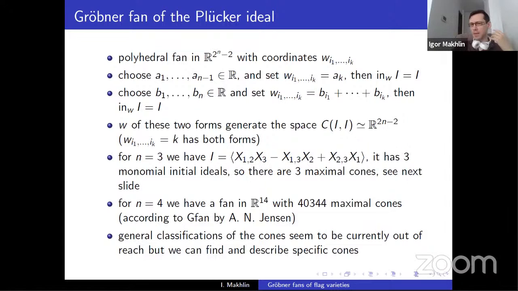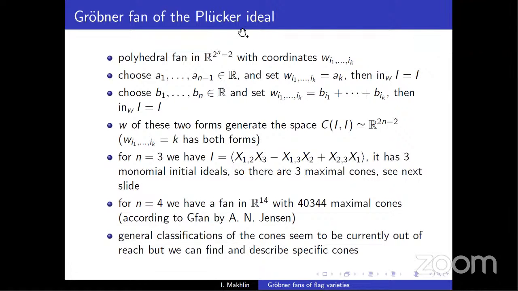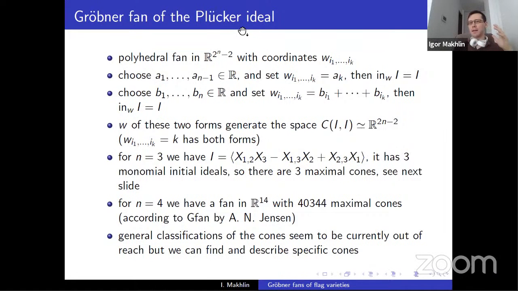But they have a different dimension. But you said that all degenerations are of the same dimension. Yes, all flat degenerations of a given variety have the same dimension as the original variety. If you take a partial flag variety, then it has a different dimension.